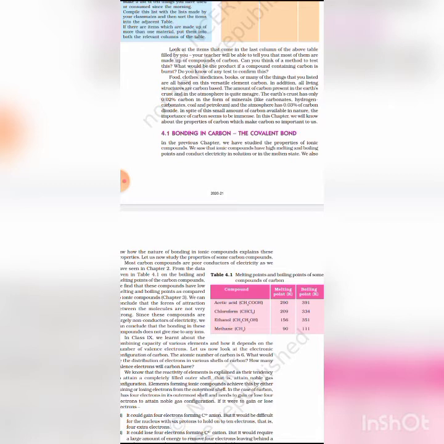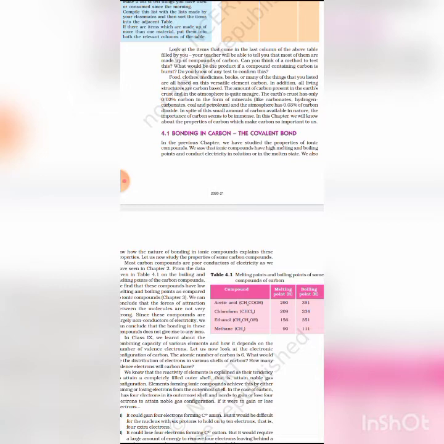So now its number of protons is 6 and electrons is 10, and that is 4 extra electrons. So it is very difficult for the nucleus to hold 6 protons with 10 electrons.